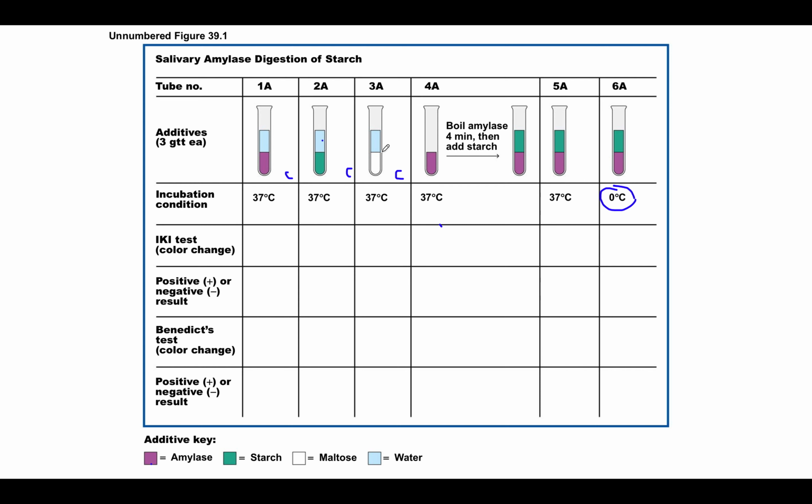So we'll take all these 6 tubes, 1, 2, 3, 4, 5, and put them in a water bath. The 5 of them we put in a water bath, and the sixth one we put in an ice water bath, and incubate it for 1 hour.